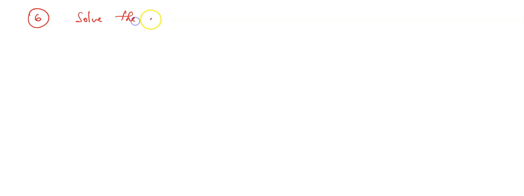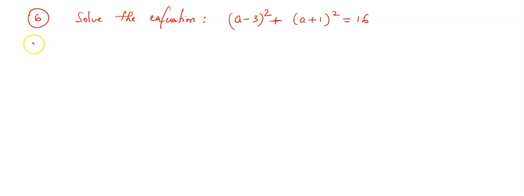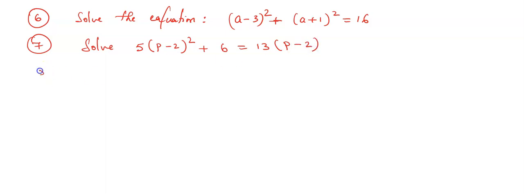Solve the equation (a minus 3) whole square plus (a plus 1) whole square equals 16. Next, question number 7. Solve 5 into (p minus 2) whole square plus 6 equals 13 into (p minus 2).